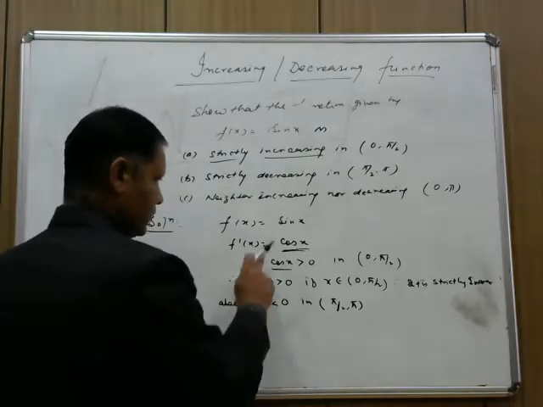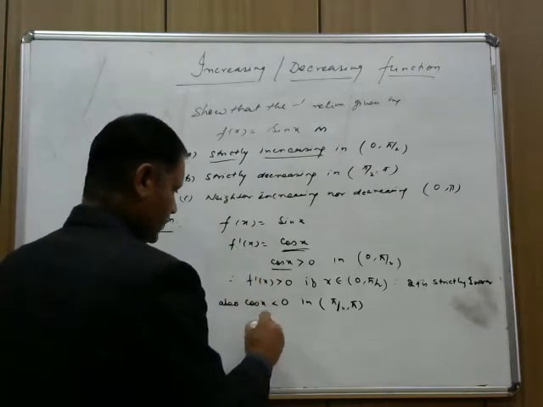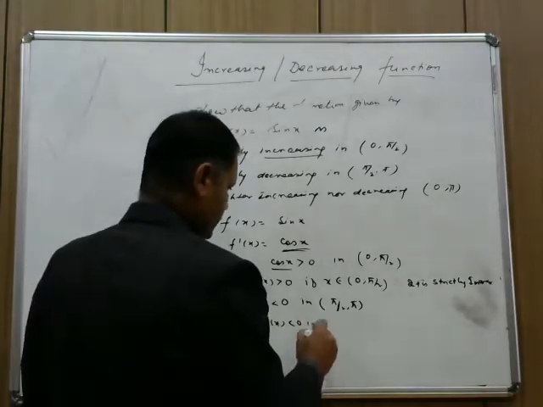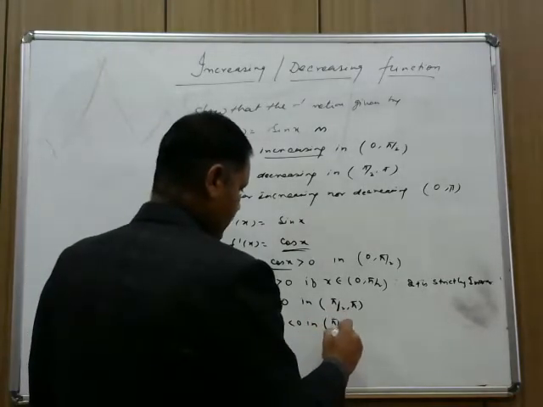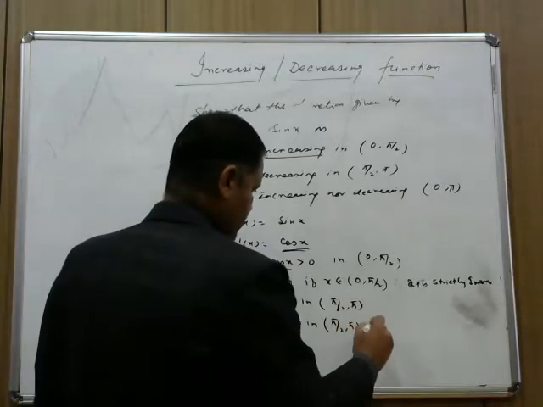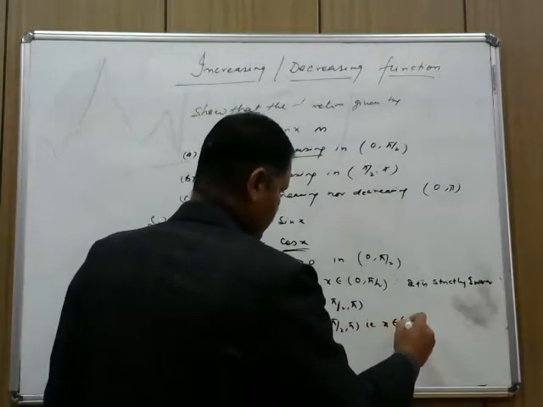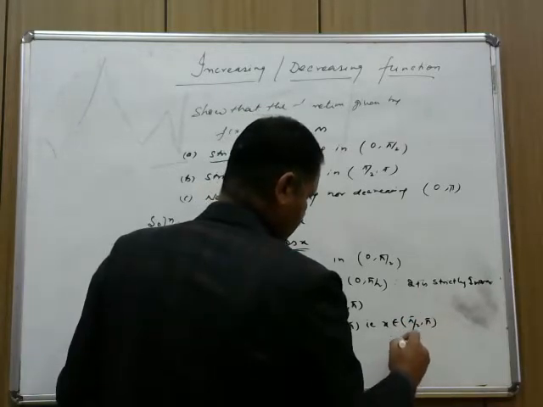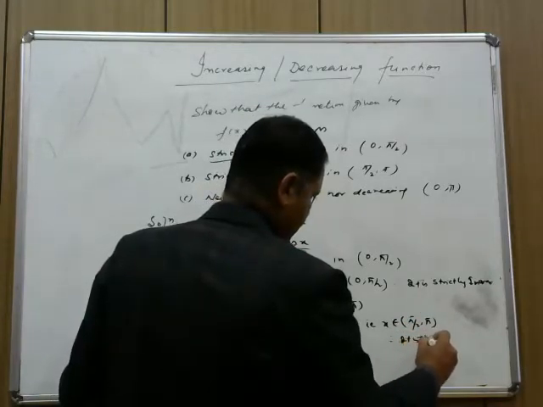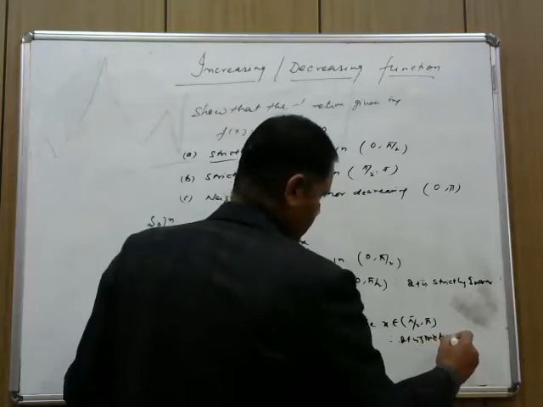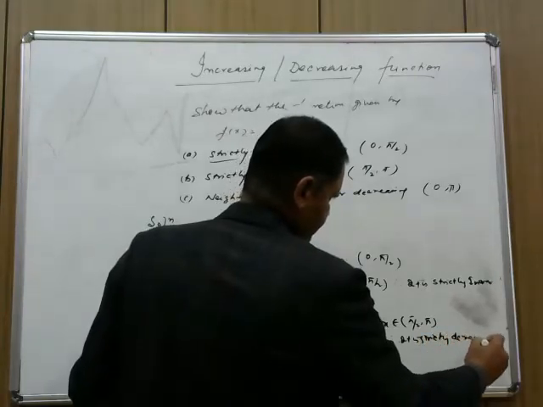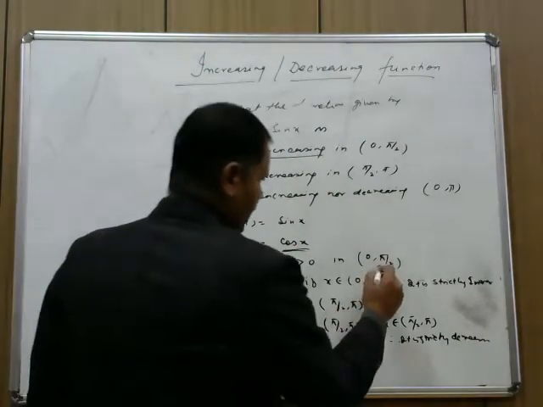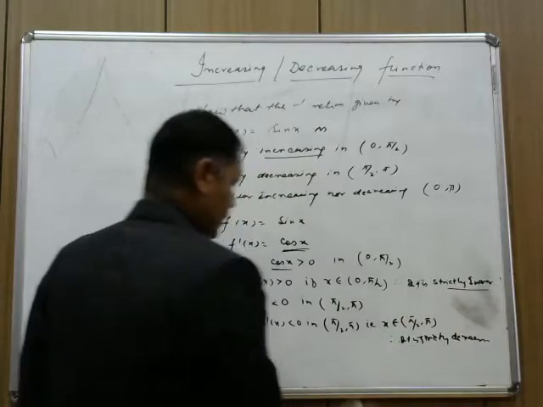Therefore, f dash of x, which is cos x, is less than 0 in the second quadrant, that is if x belongs to pi by 2 to pi, and therefore it is strictly decreasing. Clear?